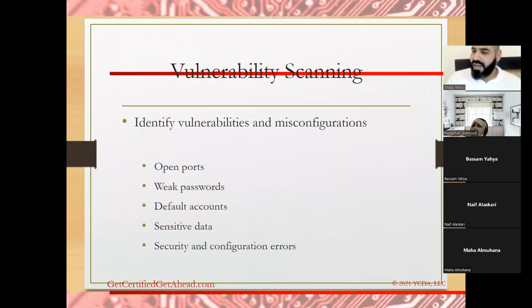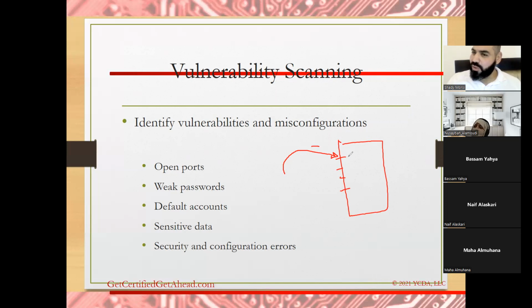Also, vulnerability scanners do other things than just finding unpatched systems. They try to look at open ports. Why are open ports important, guys? If your computer has some open ports, that means someone from outside can communicate with this computer and send traffic back and forth.